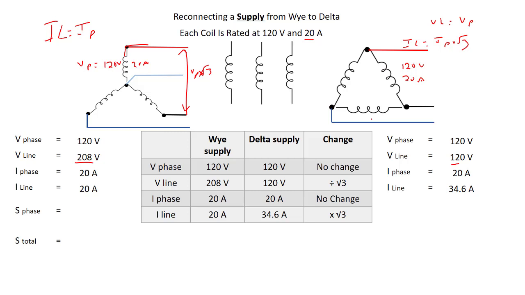If you recall, we take the phase voltage times the phase current to figure out the S of the phase. So that's going to work out to 120 volts times 20 amps, so we are looking at about 2400 VA.